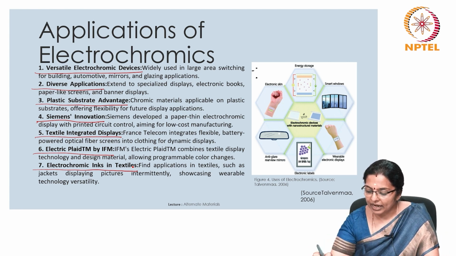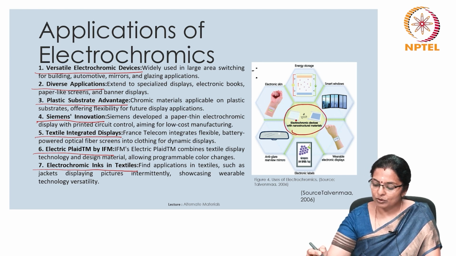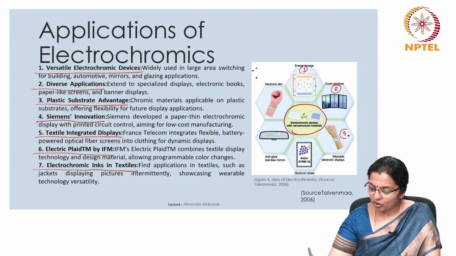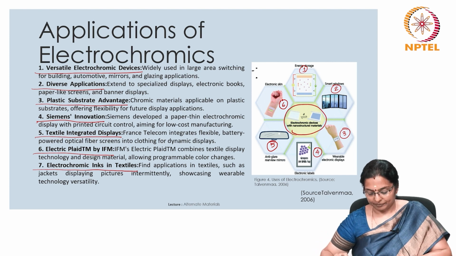So, the electrochromic devices with nanostructural materials find usage in energy storage, in smart windows, in wearable electronic displays, in electronic labels, in anti-glare rear view mirrors and as electronic skin.